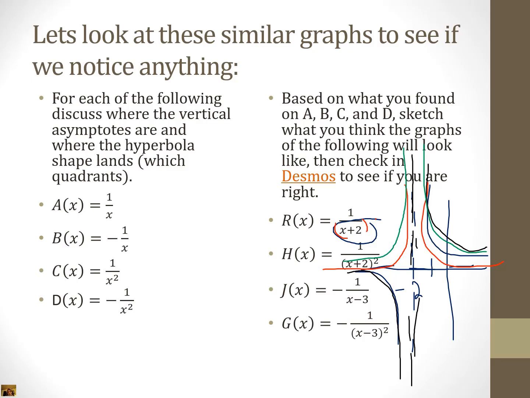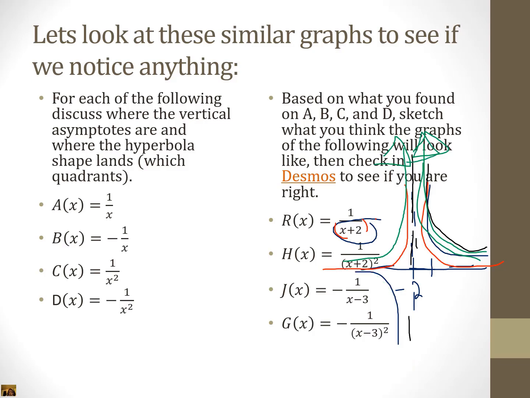For this particular one, multiplicity of 2 is going to mean that your graph approaches your asymptote from both sides. If your multiplicity is 1, as it is in R of x, you're going to have it only approach from one side as you're going to -infinity and one side as you're going to +infinity.